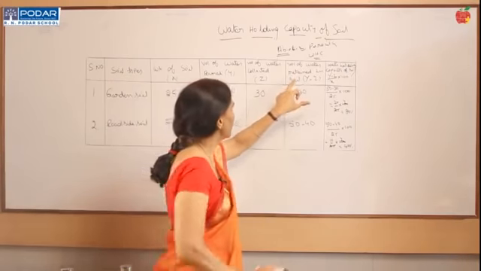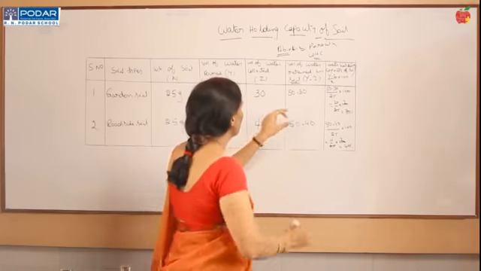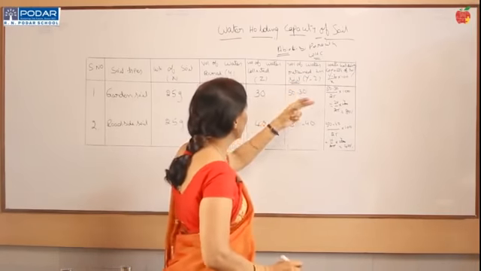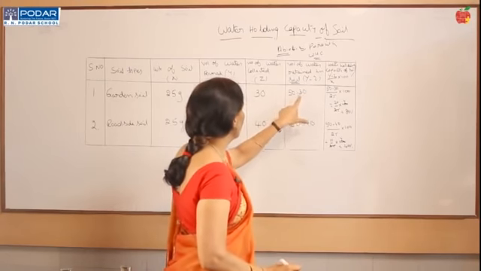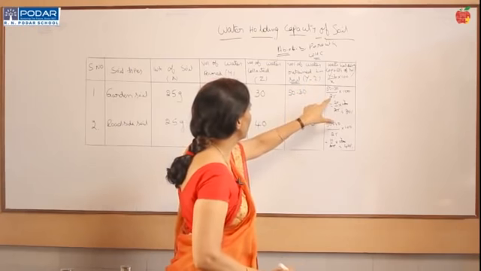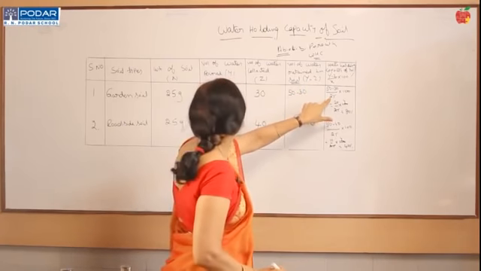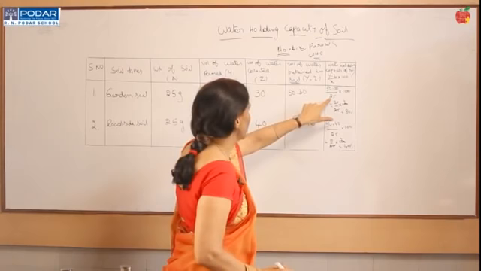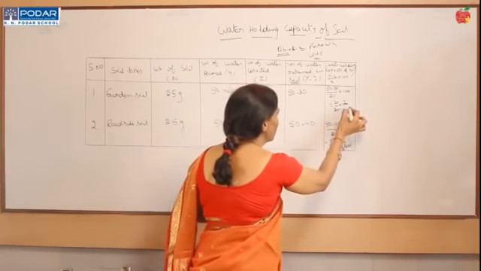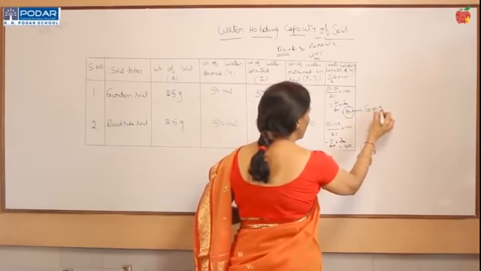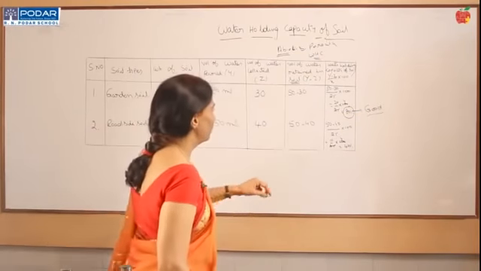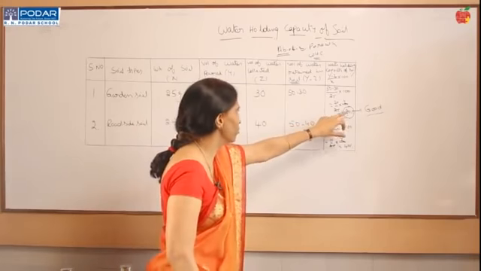So, we get the volume of water retained in the soil, that means water holding capacity will be known here. 50 minus 30, that is y minus z, divided by x, the initial weight of the soil we have taken. We are getting 80% water holding capacity for garden soil, which is a good one. So, this soil is best for plant growth because it holds more water.